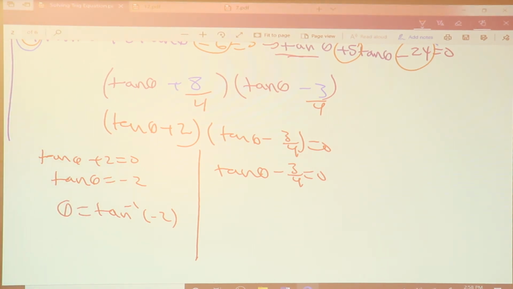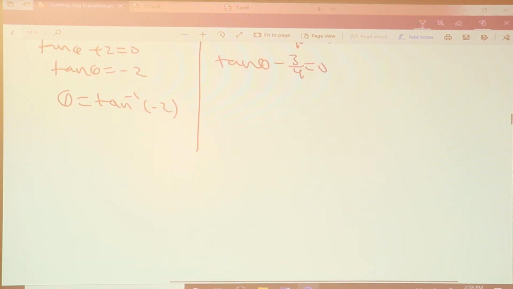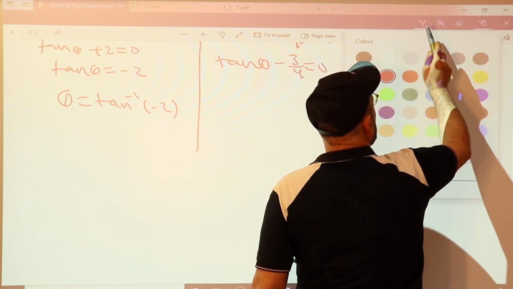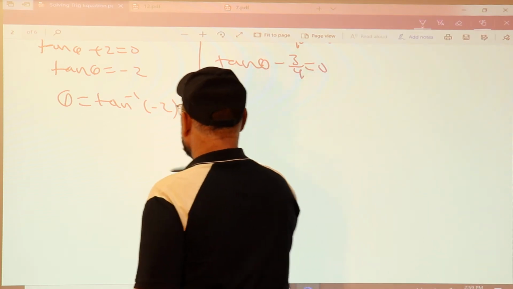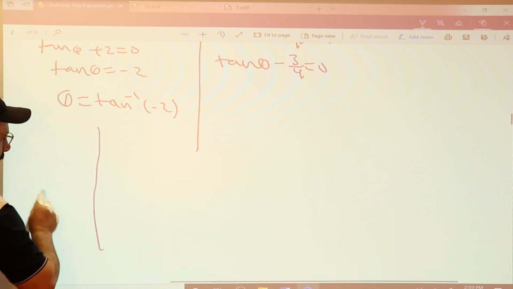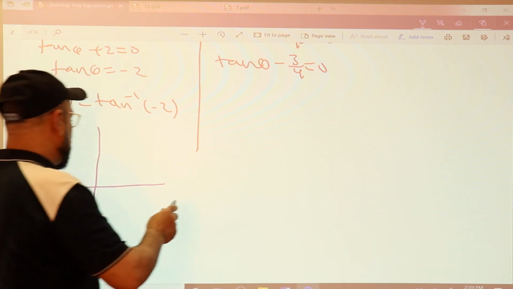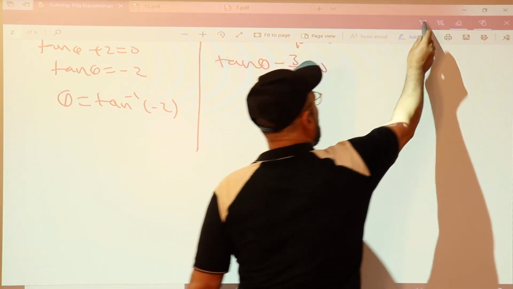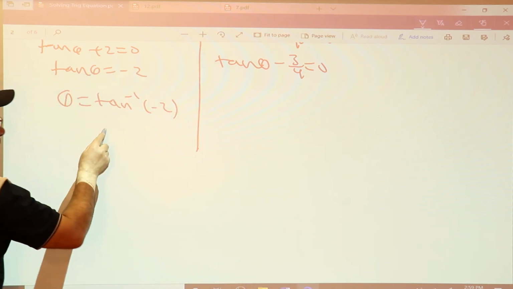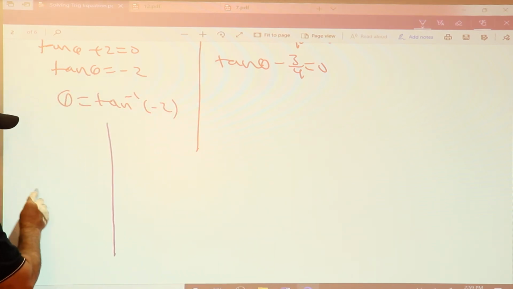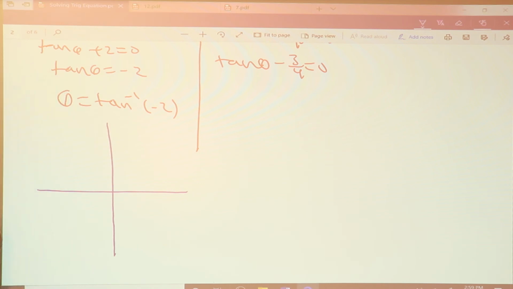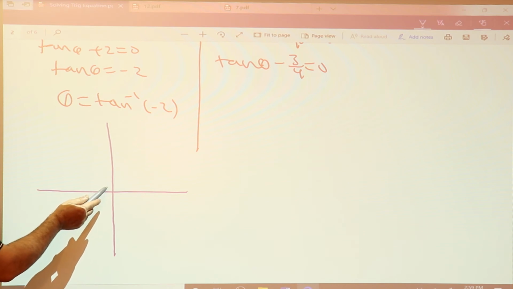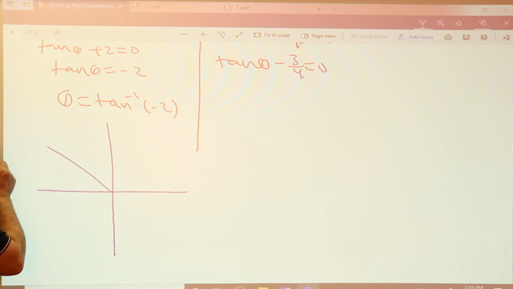And I mentioned for you, the tan is negative in how many quadrants? The tan is negative in 2 quadrants. Then when you solve your problem, my lines are crooked, the tan is negative here and there. I have 2 answers.